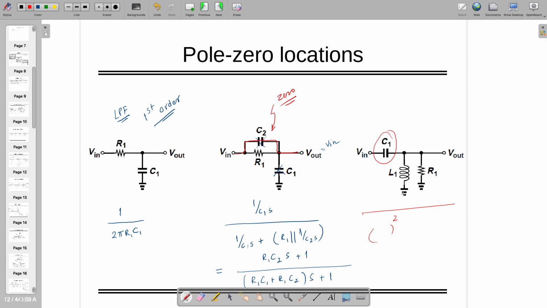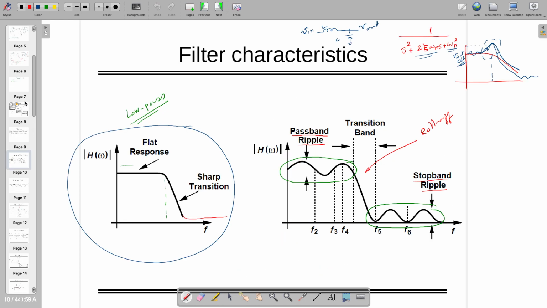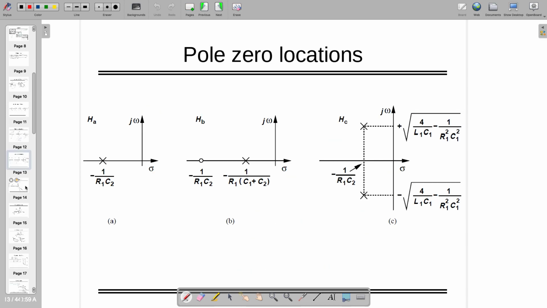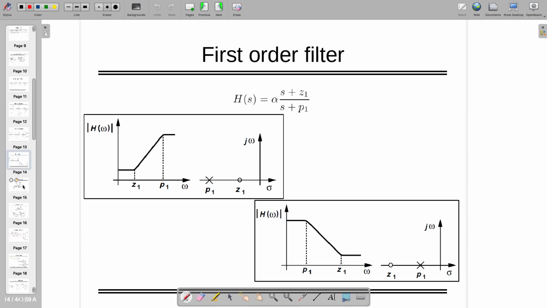Second one. So you have to decide on the basis of values. You cannot tell right now. So that's the problem. So let's say there is one filter whose transfer function has two things, one is a zero and one is a pole.